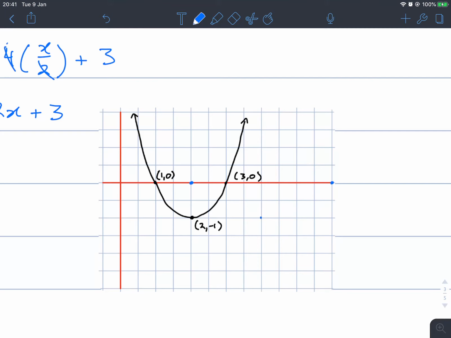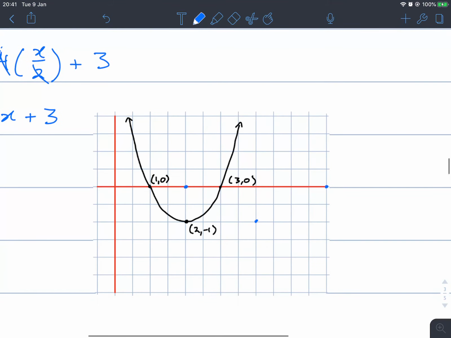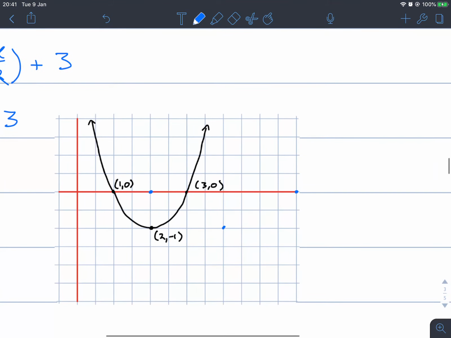So be at that point there. So this is a horizontal dilation. It will look somewhat like so.